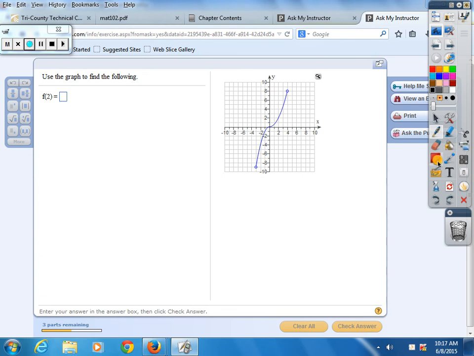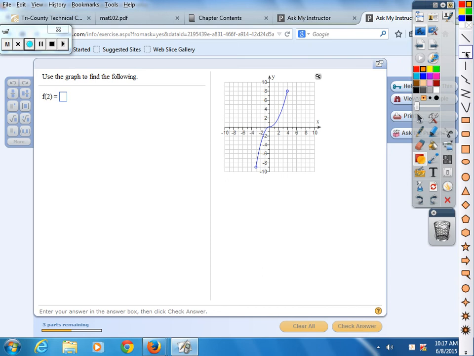Take your handy dandy horizontal line, and we'll color it green. And we're going to go left to right, so from this point to that point. So that's your domain. So write your domain down, -3, +4.